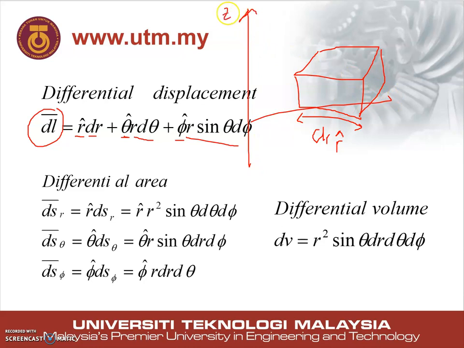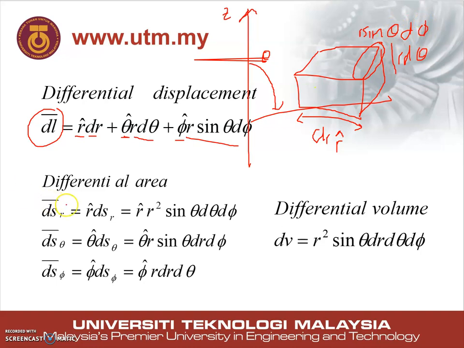Remember that theta is the angle made from the z axis, from here. So this one is r d theta. This one is a bit tricky, but not really difficult. It's r sine theta d phi.